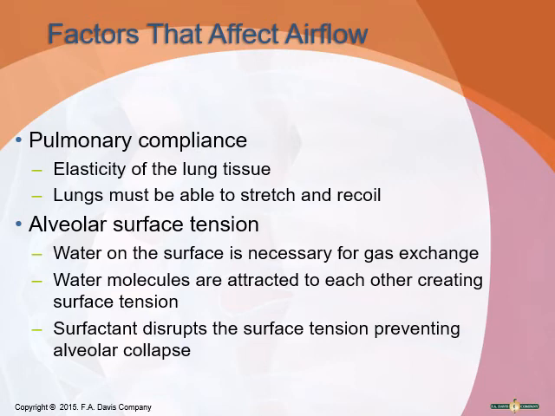And obviously, if the alveoli collapse, gas exchange cannot occur. So to avoid this problem, alveolar cells secrete surfactant, which is a lipoprotein that disrupts the electrical attraction between the water molecules. This surfactant lowers the surface tension and therefore prevents alveolar collapse.